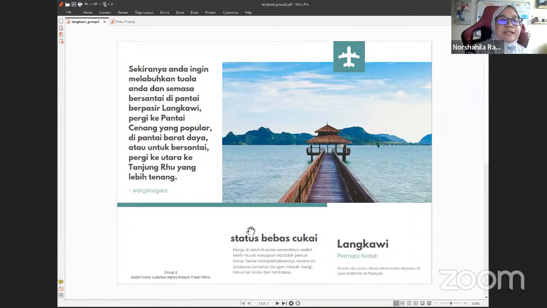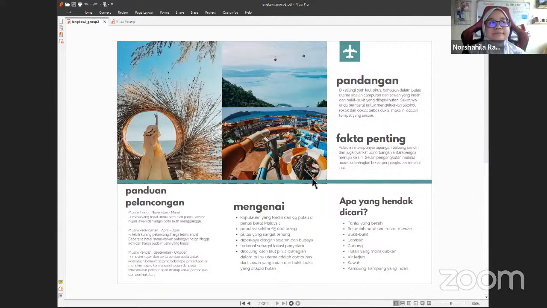Also Langkawi is known as a duty-free place where you can buy chocolate, expensive chocolate, or something like, I'm not sure whether tobacco is included in Langkawi or not, but something like alcohol also is duty-free over there, so it's a little bit cheaper compared to Kuala Lumpur.